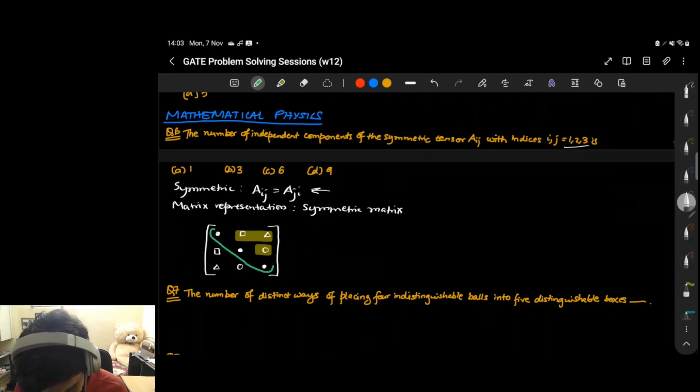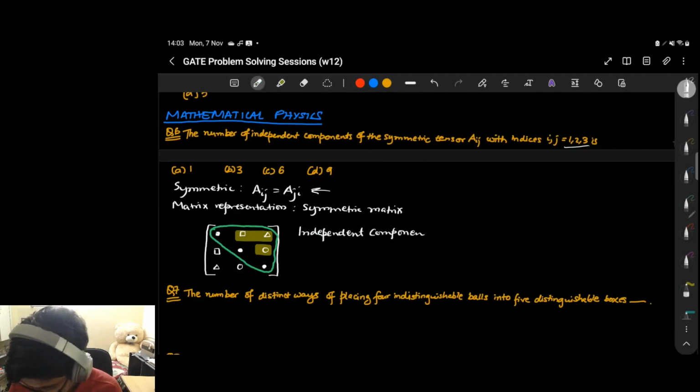this number of unique or independent components. If this index went up to n, then the independent components would be n squared plus n over 2.